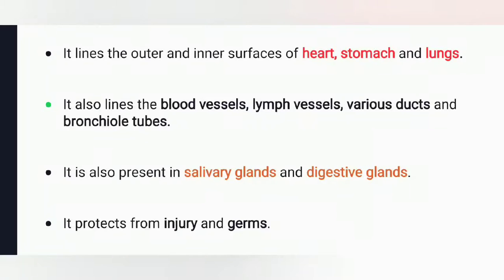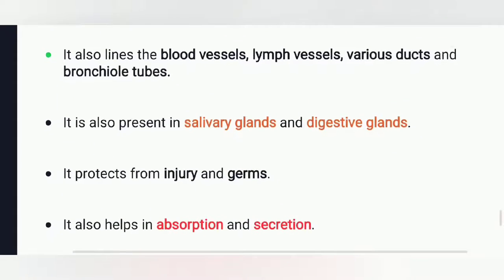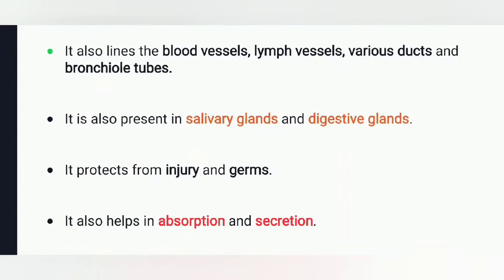It is also present in salivary glands and digestive glands. In these glands also we can find this one. It protects from injury and germs. It protects our body from injury and germs from entering in.